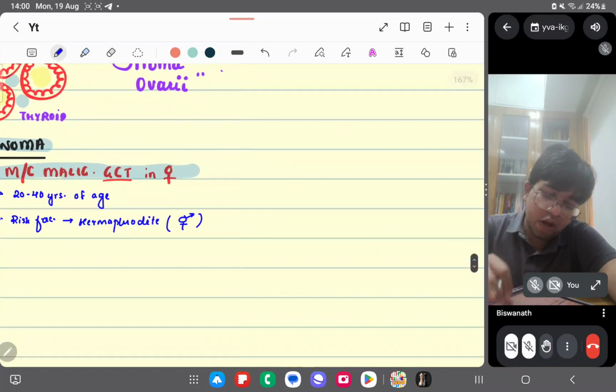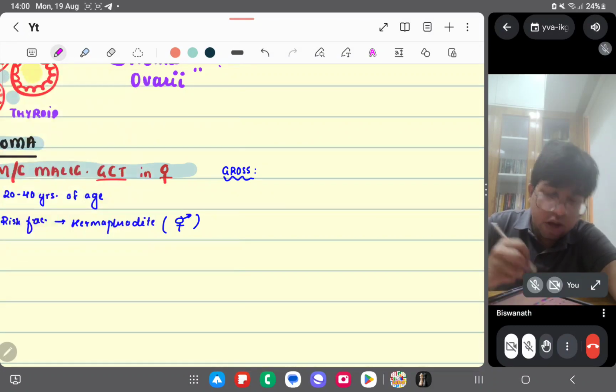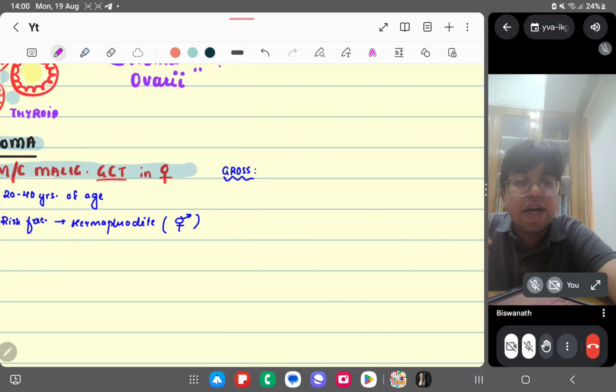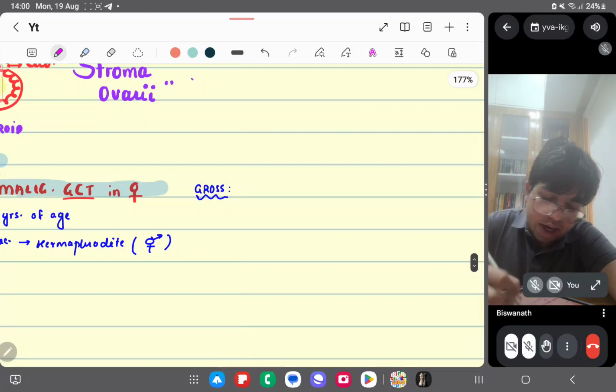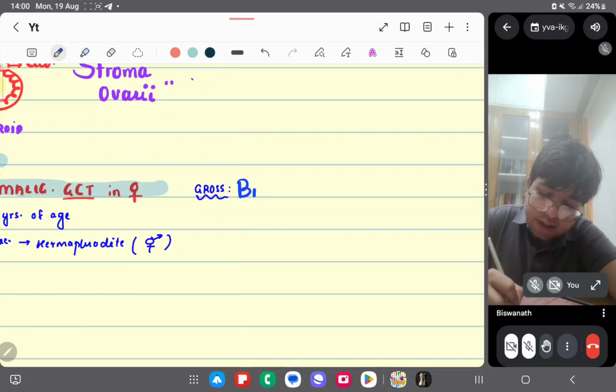And if we talk about the gross appearance, what will it be? It is a fleshy tumor. It has a brain-like appearance. This line is important.